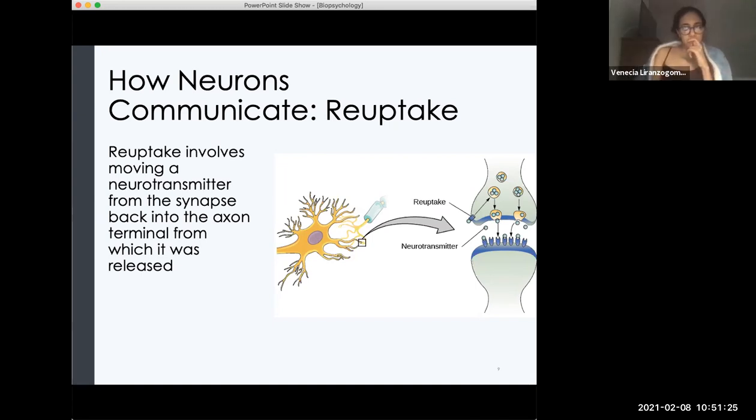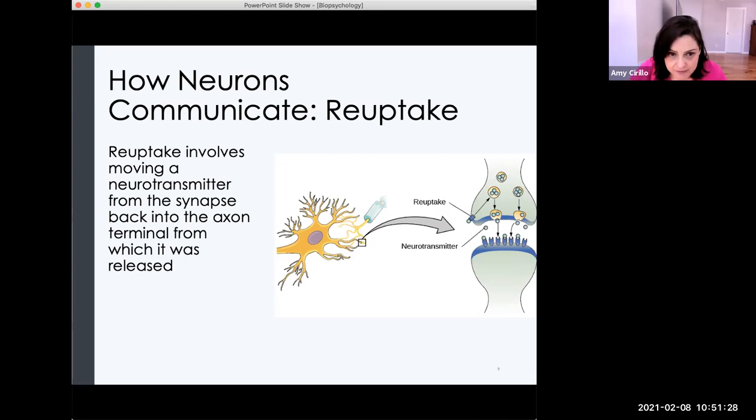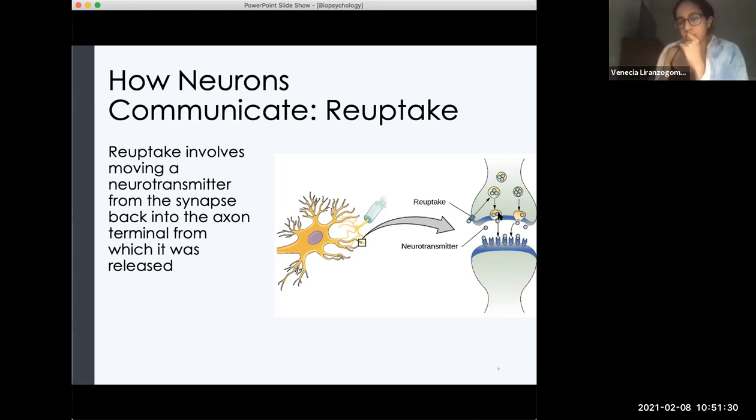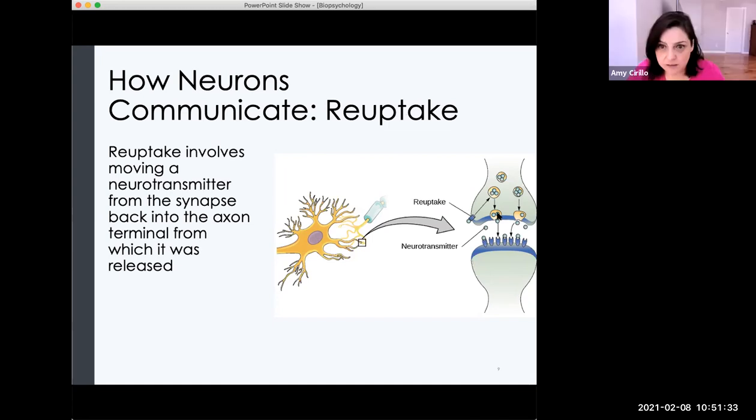Even if there's no reuptake, for it to have made these vesicles burst at all, an action potential must have happened, which means there was a signal coming in through the dendrites of the sending cell in the first place. So there's some kind of connection going on. But even if it's not thousands of connections, those neurotransmitters in the synapses make people feel good. Serotonin makes people feel at least functional.